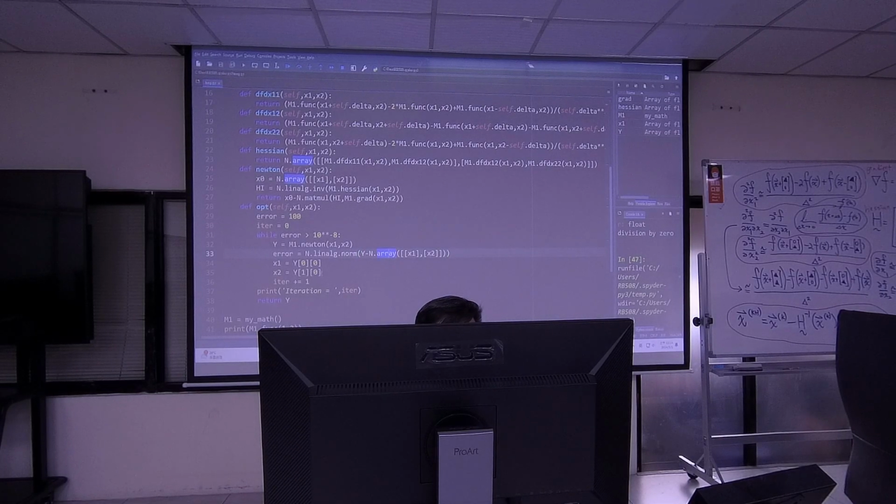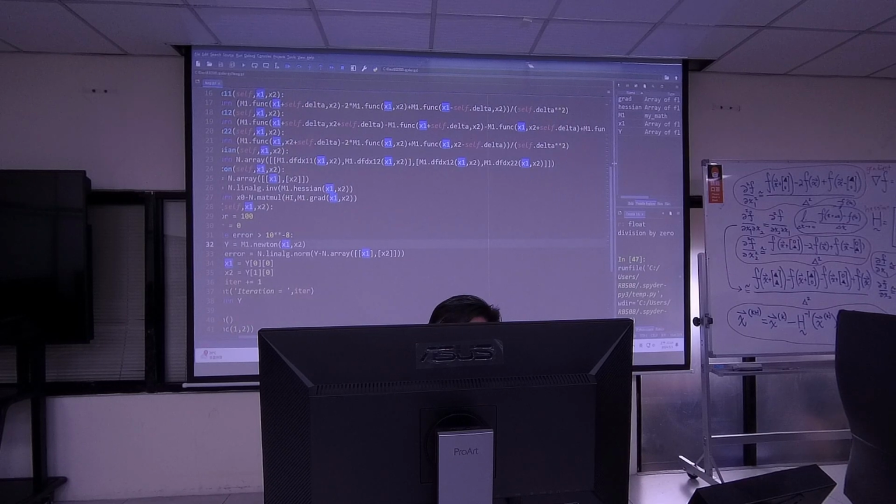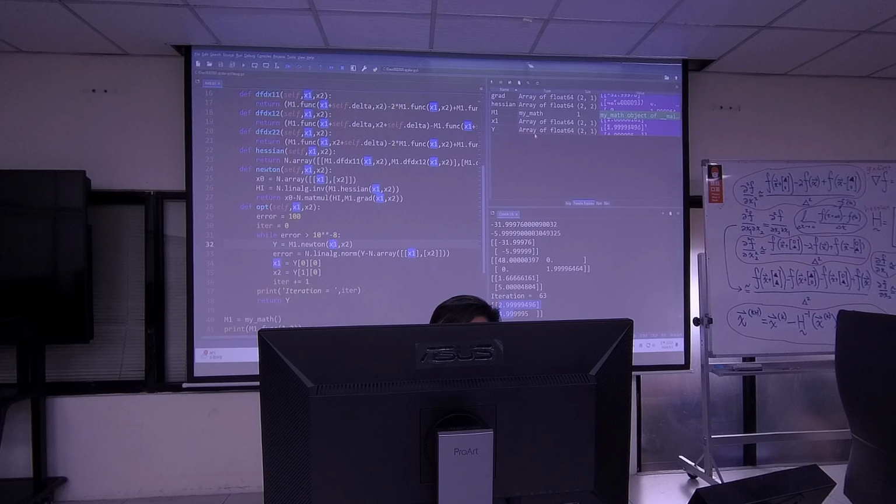At the end, because I need to go back to my second while loop, for my Newton's code, for the input, I didn't assign the input as an array. My input was just two values. So I need to take the value out of the array of y. Right here you can see my y is an array of size 2 by 1.